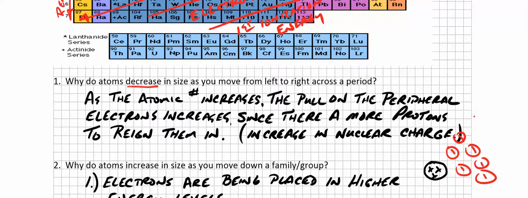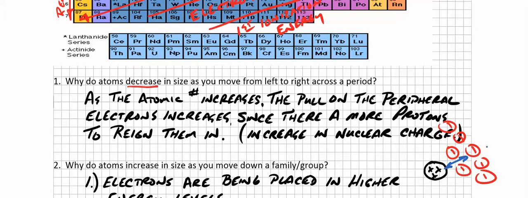So if I add protons, I add electrons. What's going to happen is that these protons are going to have more pulling power, what we call atomic or nuclear charge. They're going to pull these electrons in the periphery closer in and thus reduce the size of the atom. So that's the explanation for why the atomic radius size gets smaller as you move from left to right.